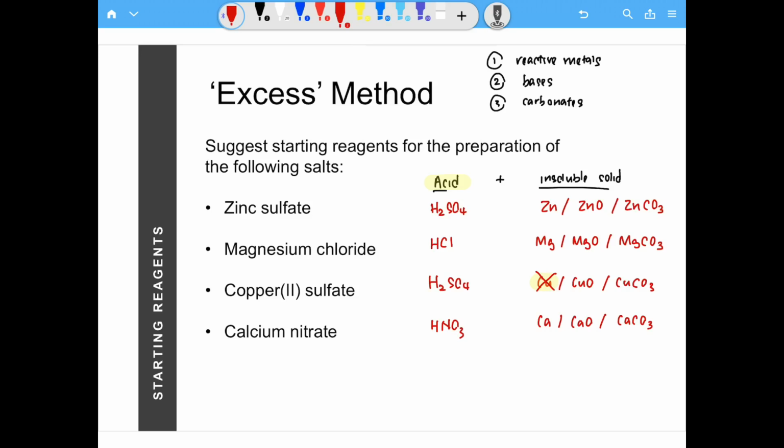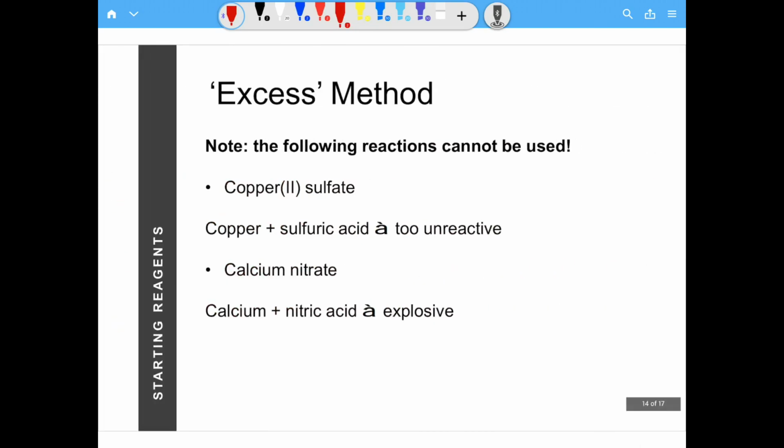Next, there are also metals that are very reactive, so they will react explosively with acids. An example here would be calcium. In the case of calcium nitrate, we cannot react the metal directly with acid as it will catch fire. So these are the two exceptions that I've mentioned earlier.